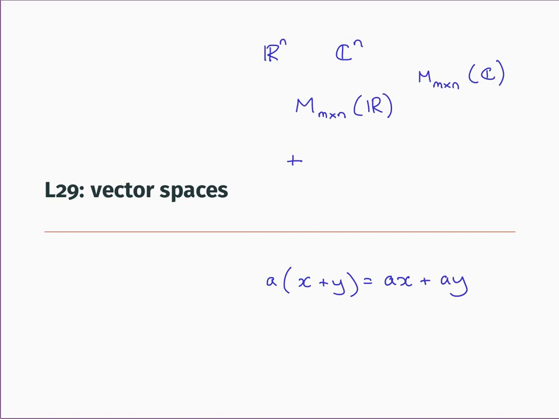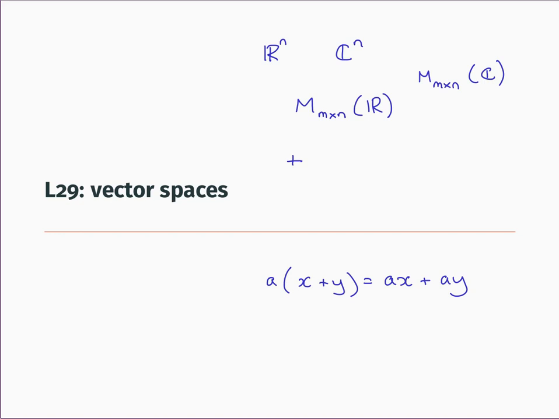Well, that's true whether x and y are real column vectors and a is a real number, or x and y are complex column vectors and a is a complex number, or x and y are real matrices of the same size and a is a real number, or x and y are complex matrices and a is any complex number. And there are many other properties to do with addition and scalar multiplication and how those two things interact, which are common to all of the structures we've seen.